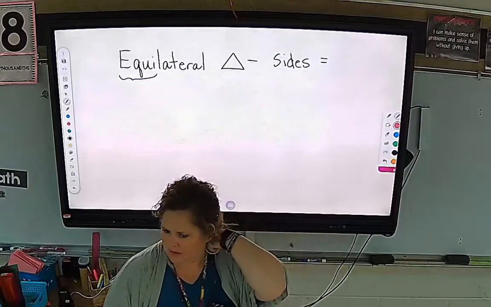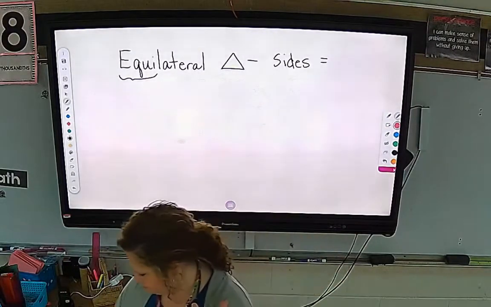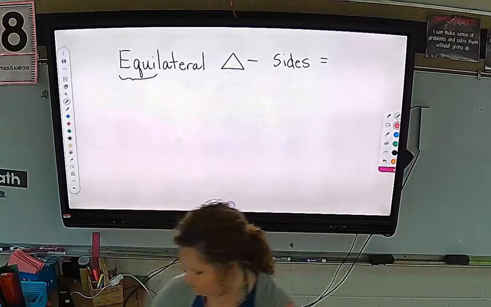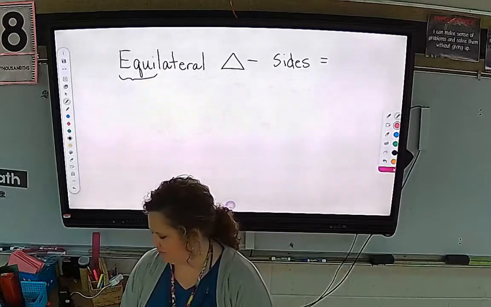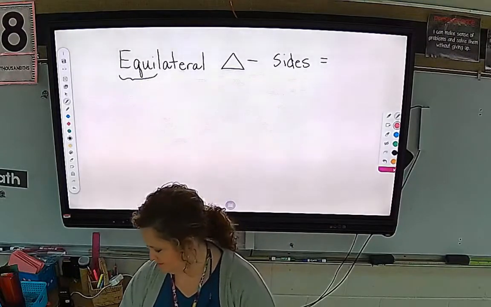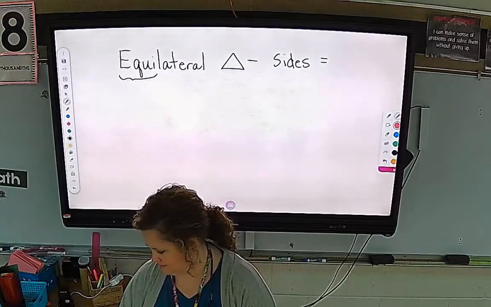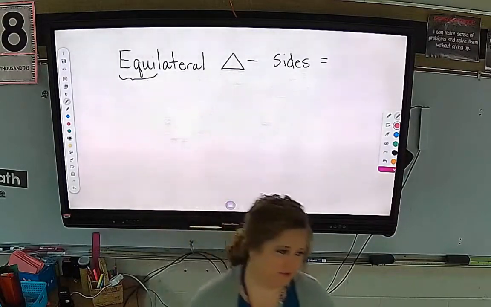Well, what about the angles? Did you measure the angles? What did you get when you measured the angle? 60. Every time? And so the angles are the same size too.